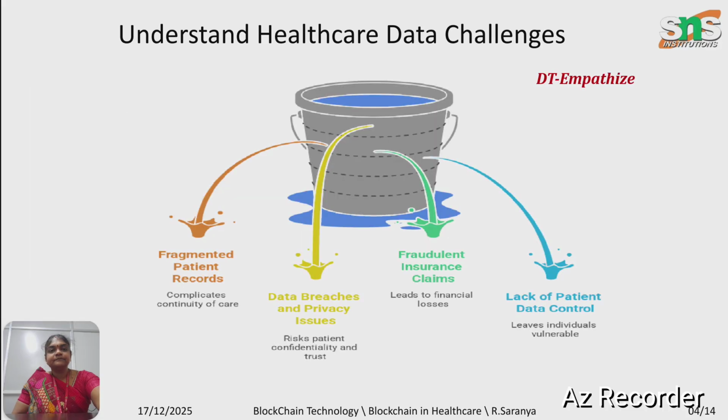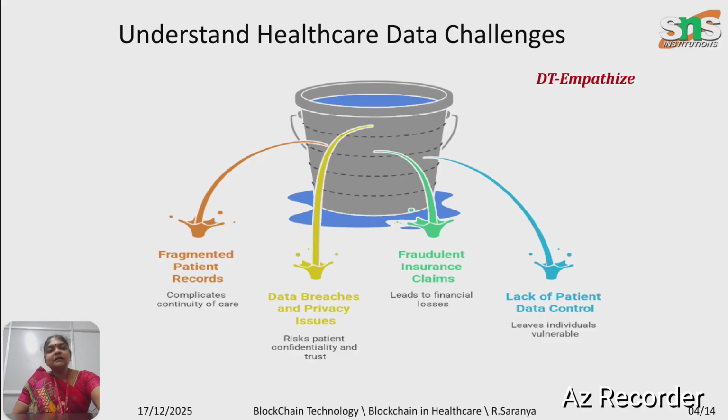Coming to the traditional healthcare data challenges, the first one is maintaining patient records, which complicates the continuity of care, and then data breaches and privacy issues. Anyone within the hospital can access the data since it is paper data or a normal record. Next is fraudulent insurance claims.